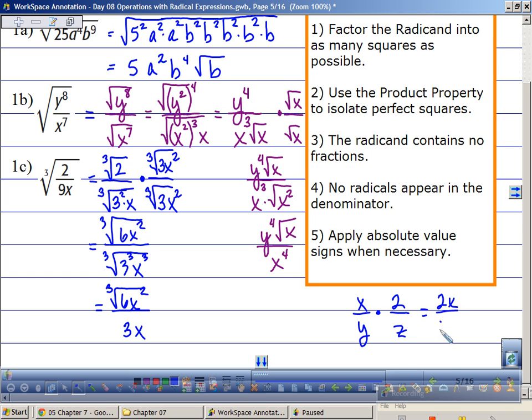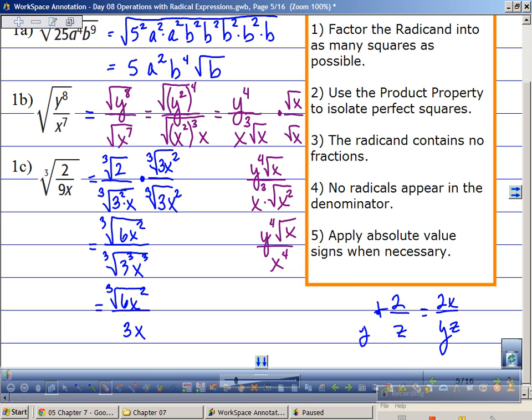That's 2x over yz. When does that game change? When can I not just multiply straight across? When it's adding. As soon as you see addition, the game changes.